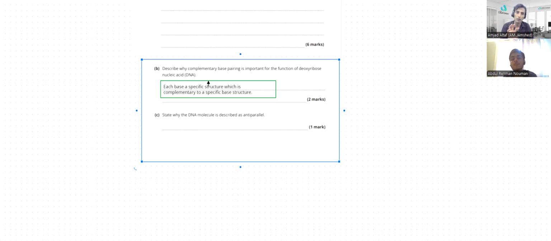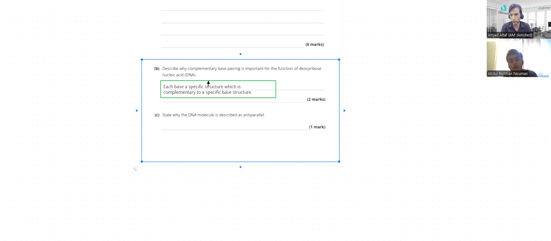What do you mean by this? It's quite ambiguous. The question is why it's important for the function of DNA. We are not talking about the words complementary base pairing. I think it's not giving you the proper answer.